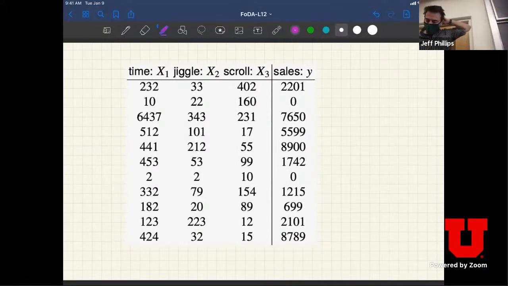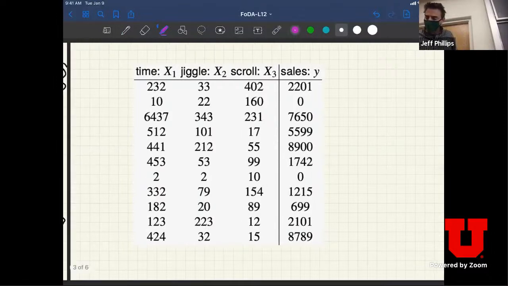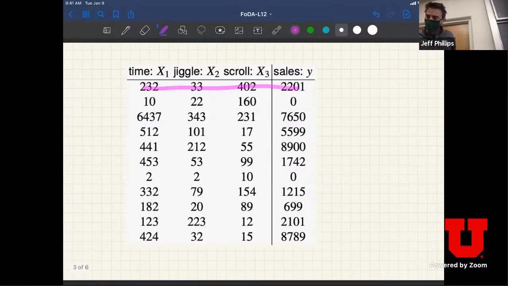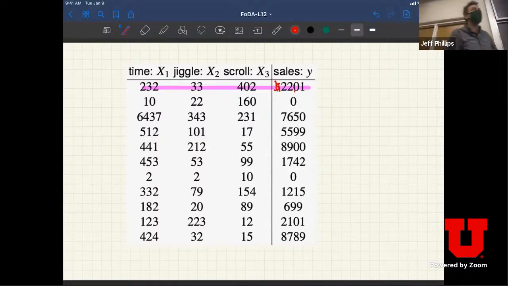I think there are like 11 rows here. Each row here is one customer, right? So this is one customer, and its sales was in cents, so this actually means $22.01 is how much they spent here, okay?